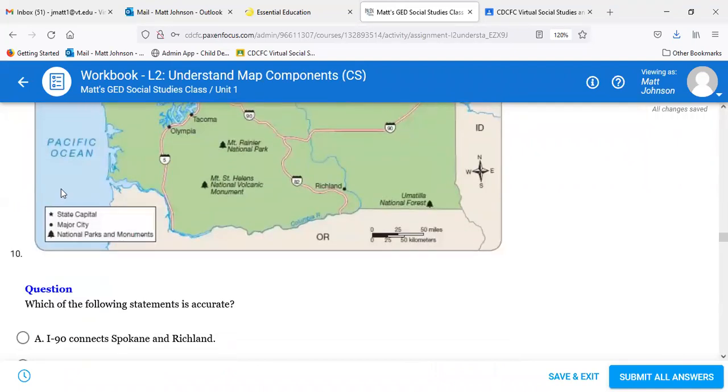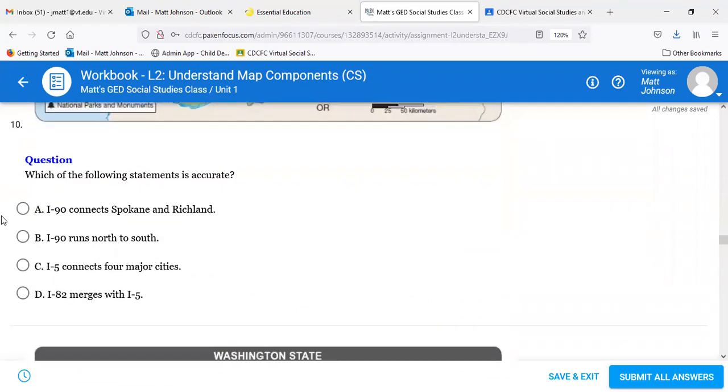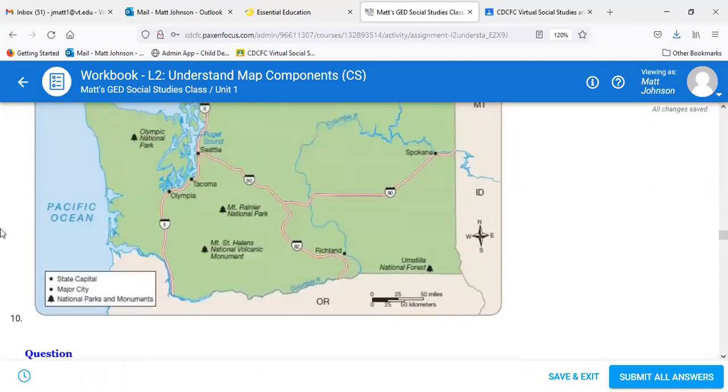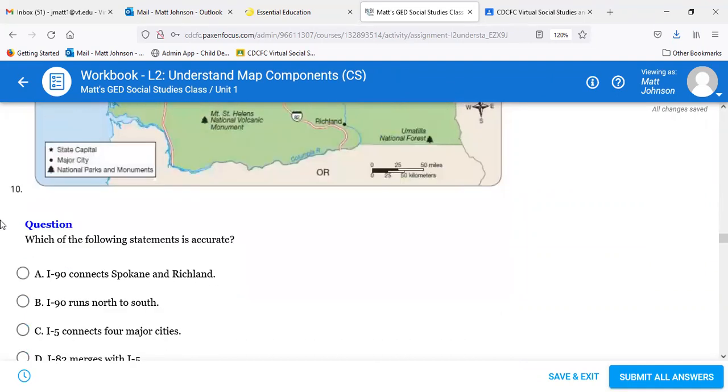Next map, or same map, new question. Which of the following statements is accurate? We're looking at roads. I-90 connects Spokane and Richland. I-90 runs north to south. I-5 connects 4 major cities. I-82 merges with I-5. I would say D. Doesn't they all connect at a point?